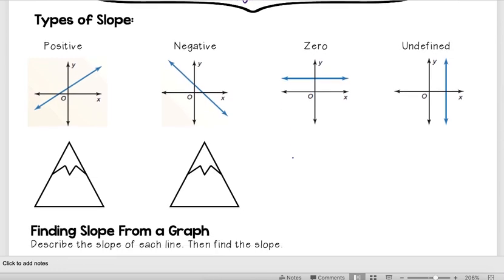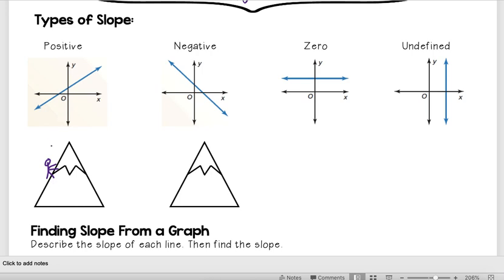And so for types of slope, we have a positive slope. And how I like to think of this is that with a positive slope, I'm going uphill. So if I have a mountain, I am going up the mountain. I am climbing the mountain.